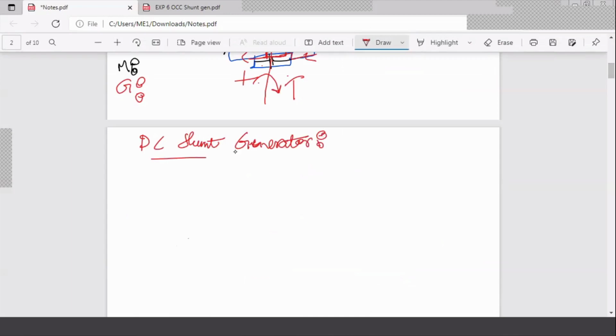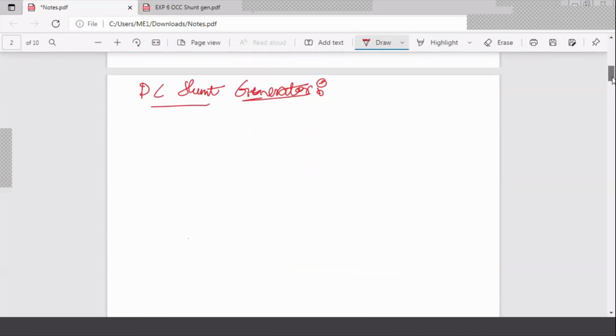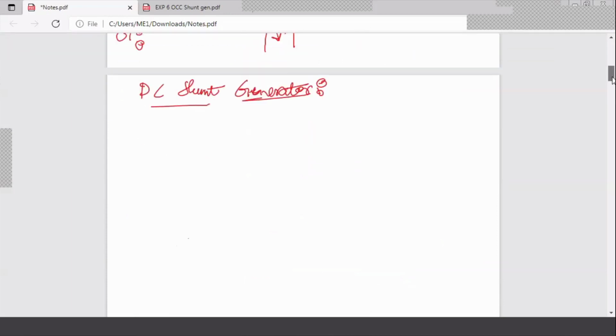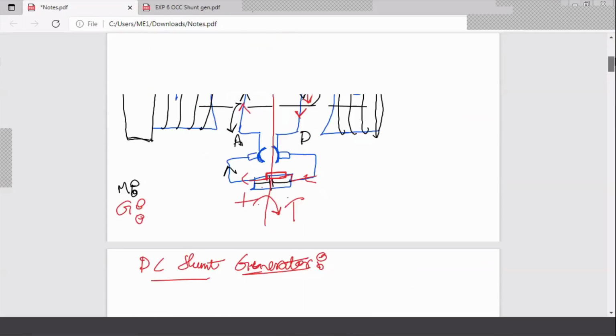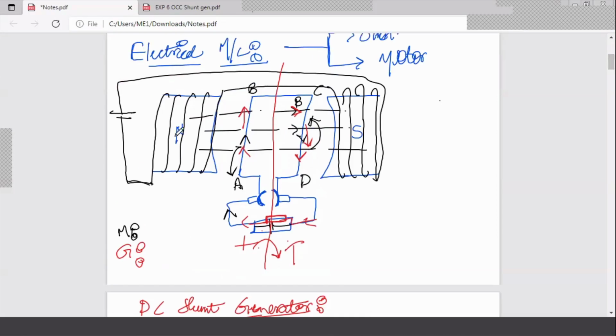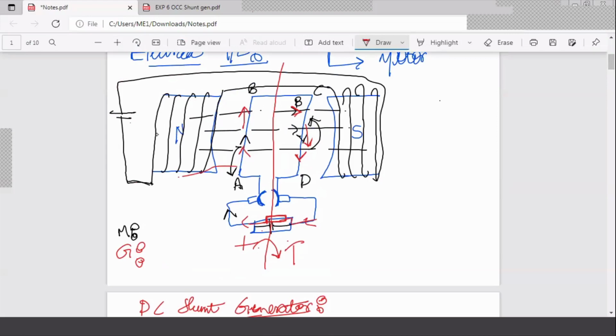A DC shunt generator. Now generators can be of different types. There is the one which we have just now drawn here. In this particular case, you can see that there are 2 types of windings. The first one, which is responsible to create the field in this north and south pole, is basically known as the field winding.